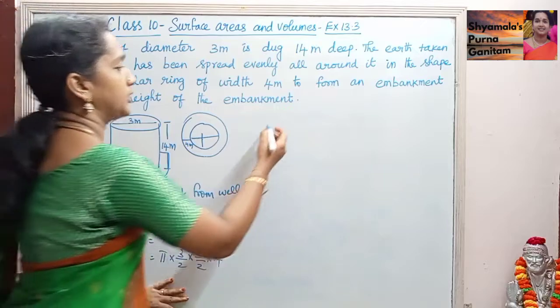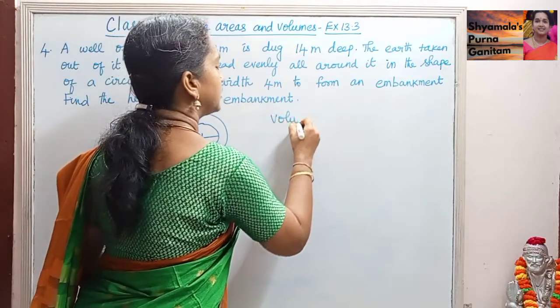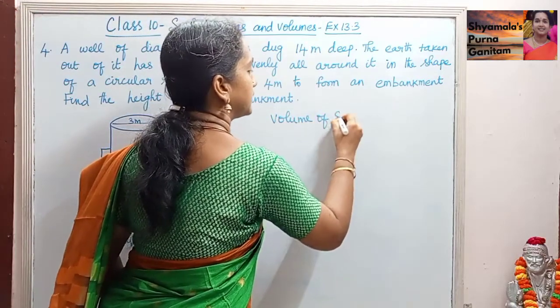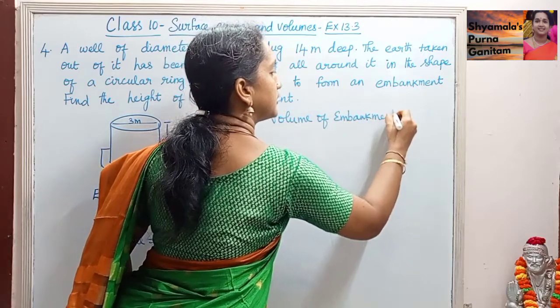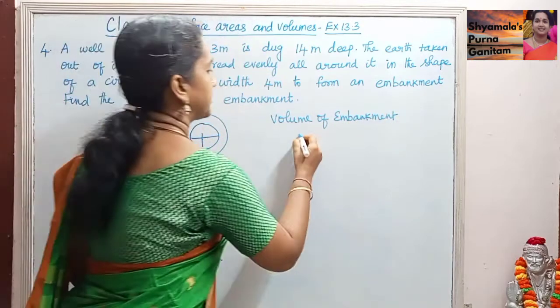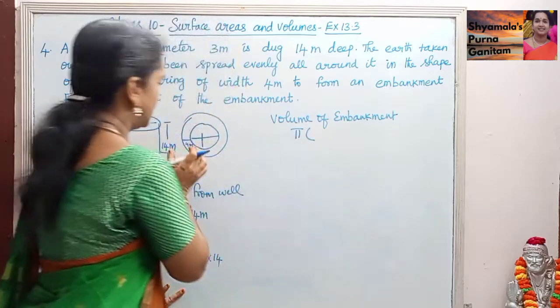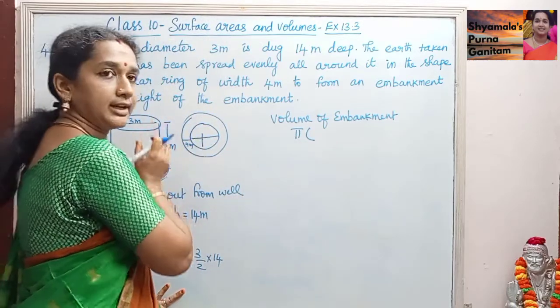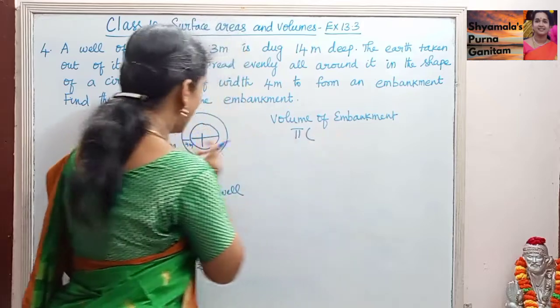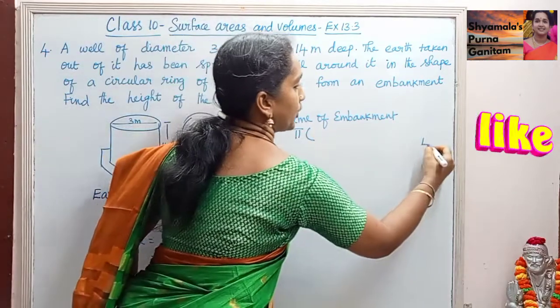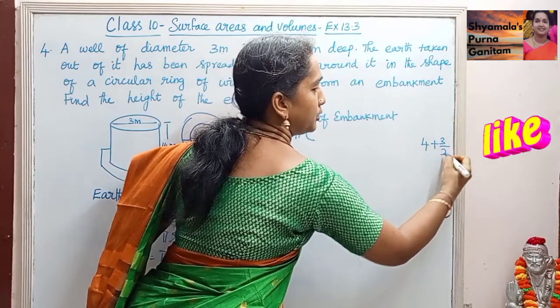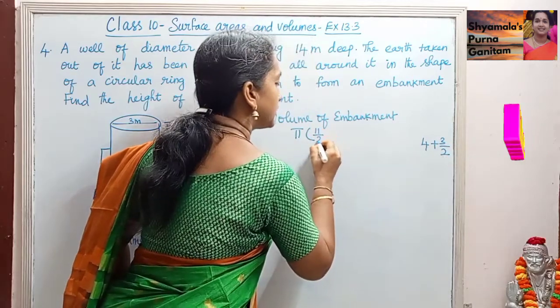Now the volume of the embankment. That is pi, the outer radius is 4 meter plus this 3 by 2, so 4 plus 3 by 2 is 11 by 2.